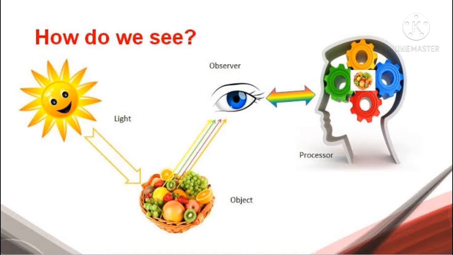When light from an object that is luminous or non-luminous reaches the eye, the stimulus is passed on to the brain and we are able to see the particular object.